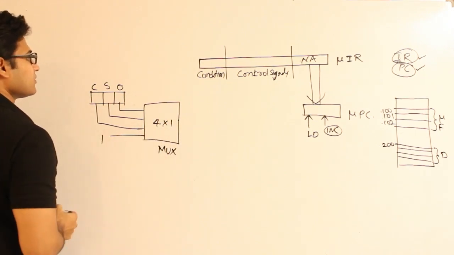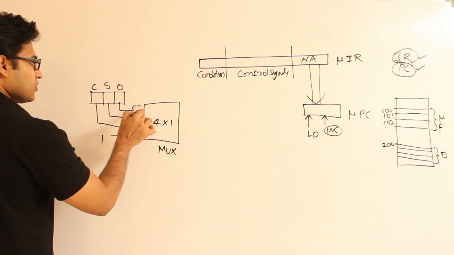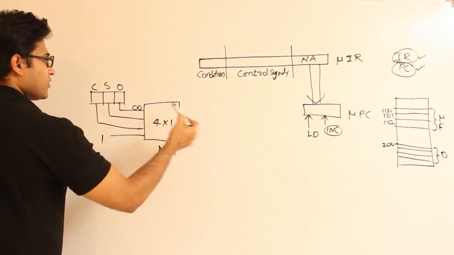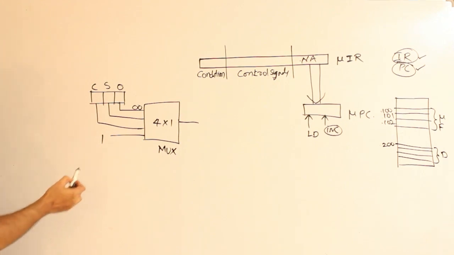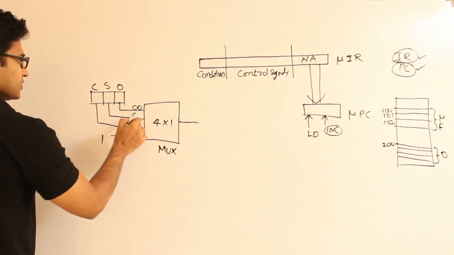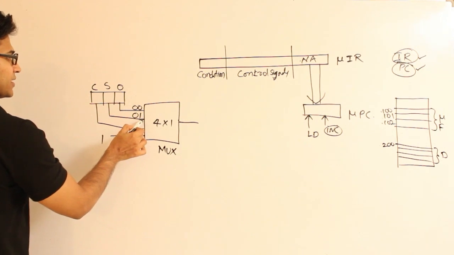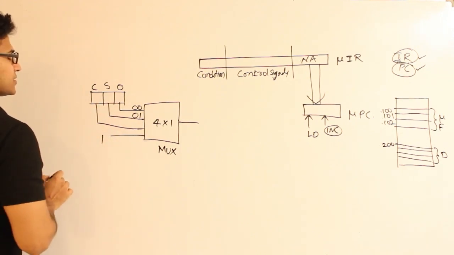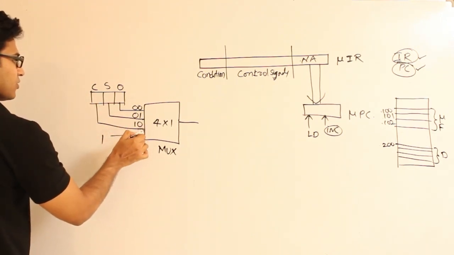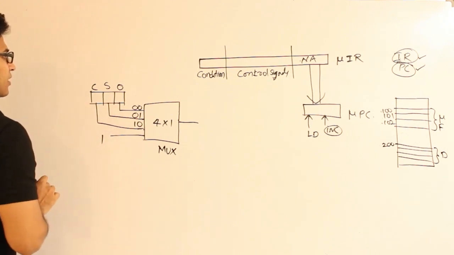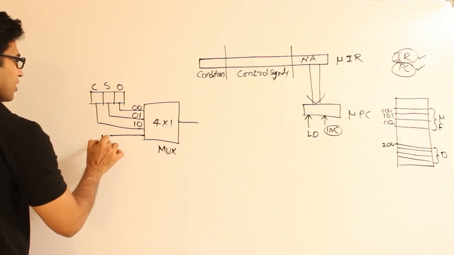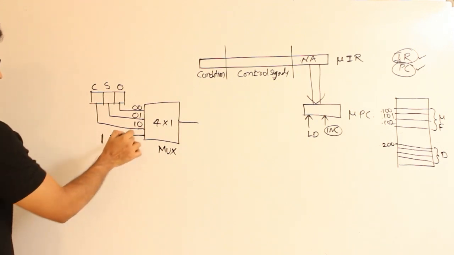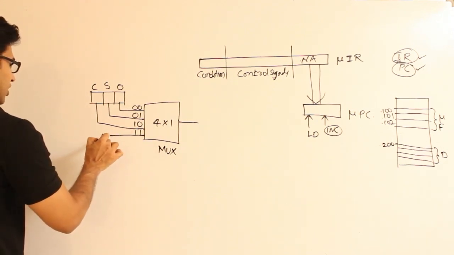If the select is 0 0, the output of the multiplexer will be whatever is present in the overflow flag. If it is 0 1, the output will be whatever is present in the sign flag. If it is 1 0, whatever is present in the carry. And I am just leaving this last input to be 1. It is always connected to 1, which means if it is 1 1, it will always be 1.